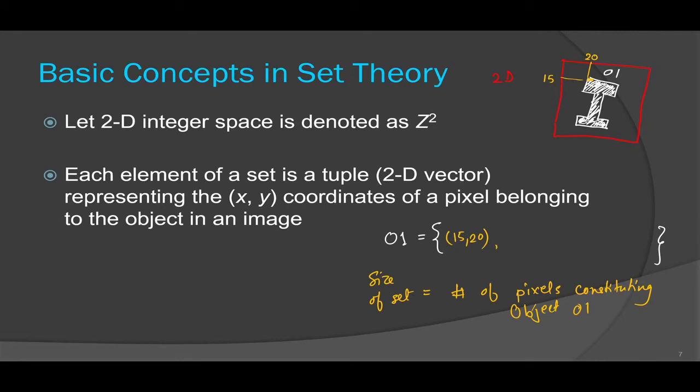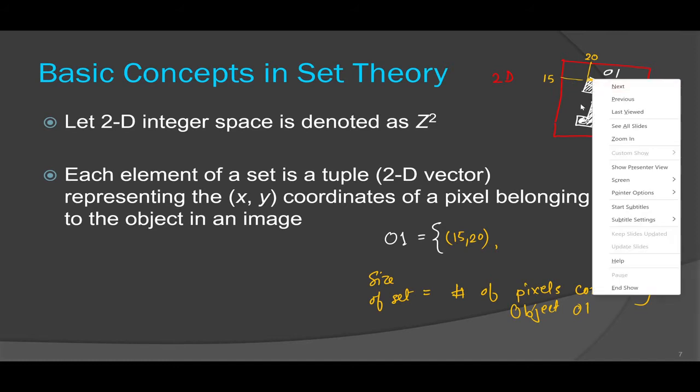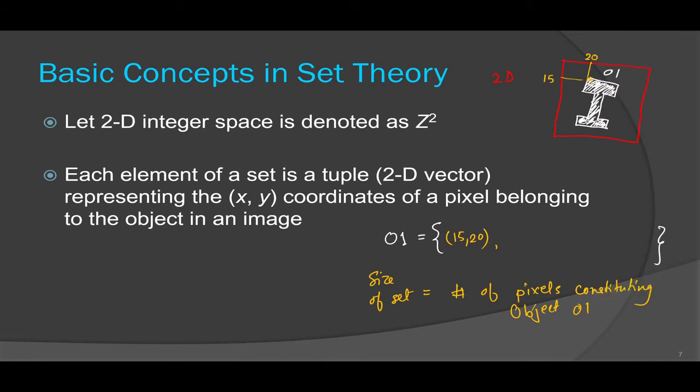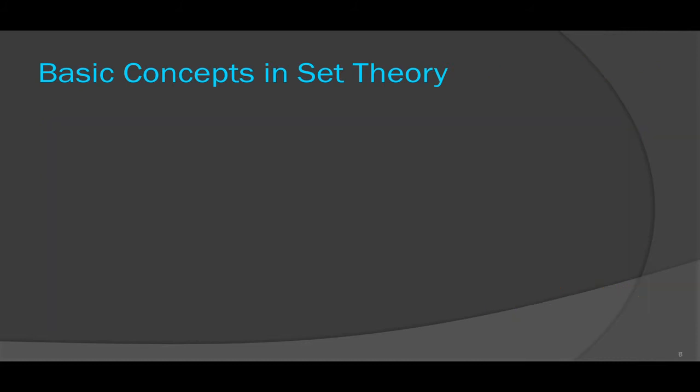Then we may have another point next to this pixel, say 15 comma 21, 15 comma 22. All those are elements in this set that describes my object O1. I hope you have understood now how the objects are represented in the form of a set. Let us proceed now with the basic concepts in set theory.